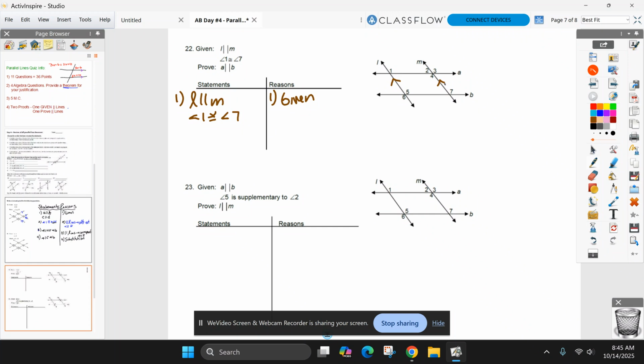We got to prove A parallel to B. Now, look, I didn't put one of those big boxes there like you had on homework, but you may want to write something next to A parallel to B. What angles need to be congruent first? So let's make a decision as a class. If A is parallel to B, what 2 angles need to be congruent first? Let's just pick a pair and try to do it.